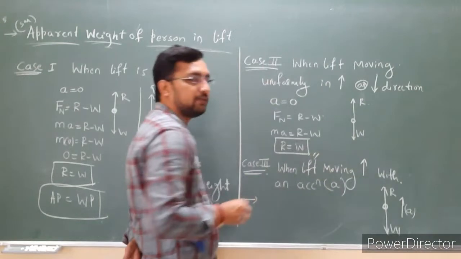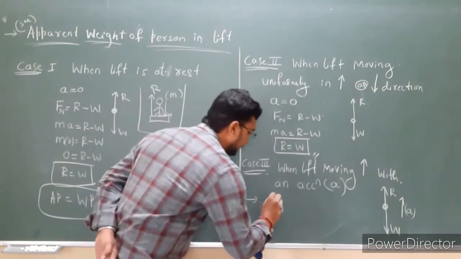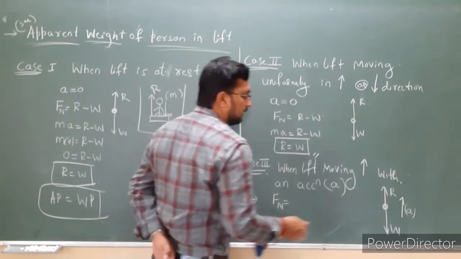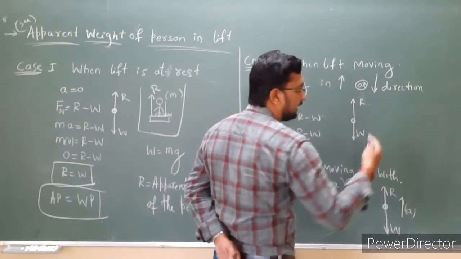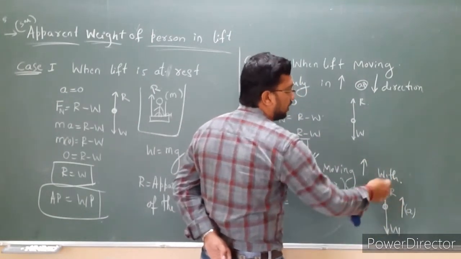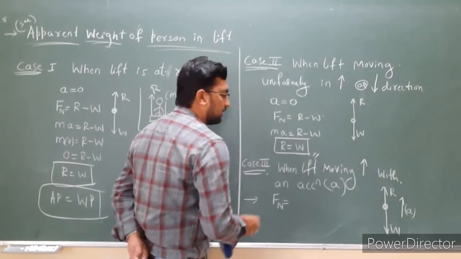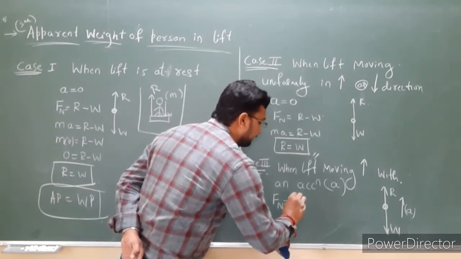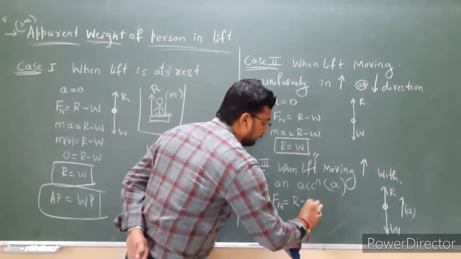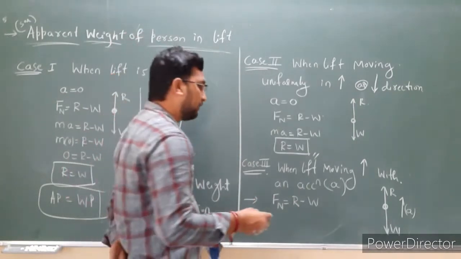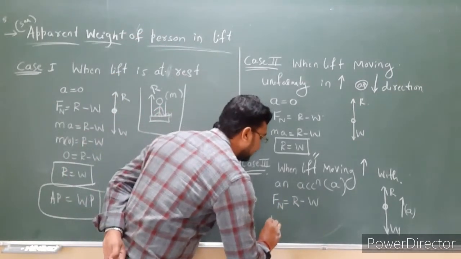So then the net force acting on this system, since the acceleration of the system is in the upward direction, the normal reaction is more compared to the weight of the person. So the net force acting on the system is R minus weight. Net force is the product of mass into acceleration.